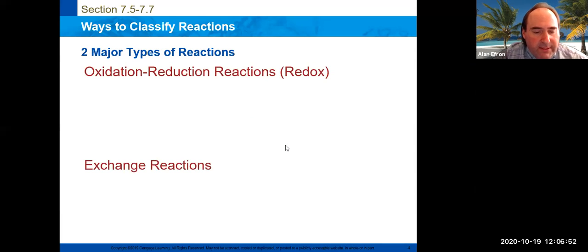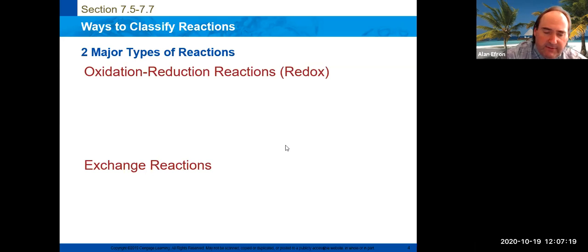There are really two big umbrellas under which reactions fall, and underneath these big umbrellas are two big classifications for which individual, more specific classifications of reactions occur.